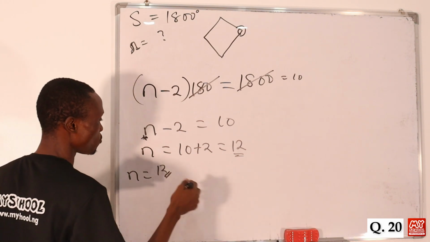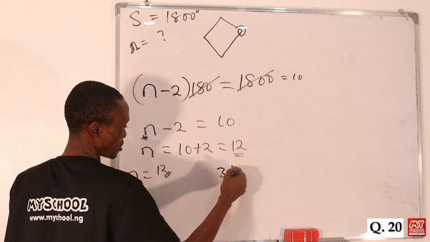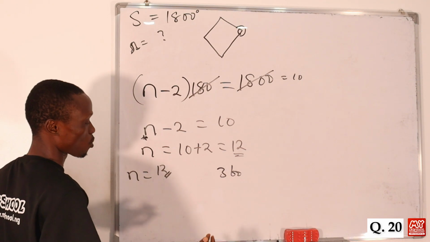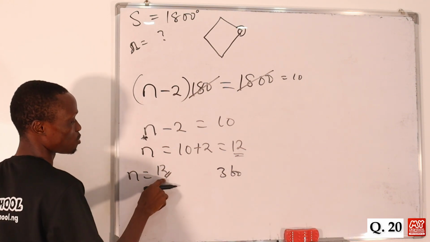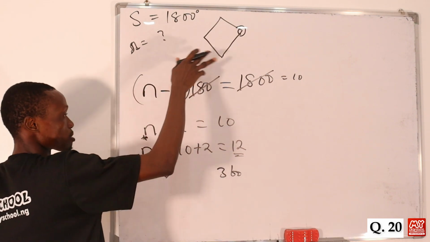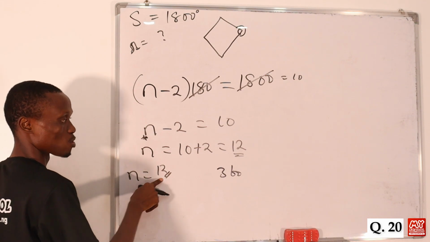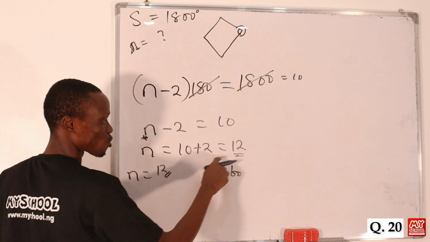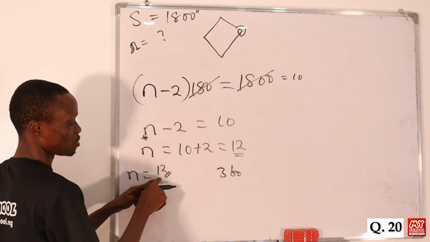So if the sum of exterior angles of a regular polygon is equal to 360, and we want to calculate the size of one of the exterior angles, we just divide it by the number of sides. For this polygon, we already know the number of sides is 12. So we divide 360 by 12.